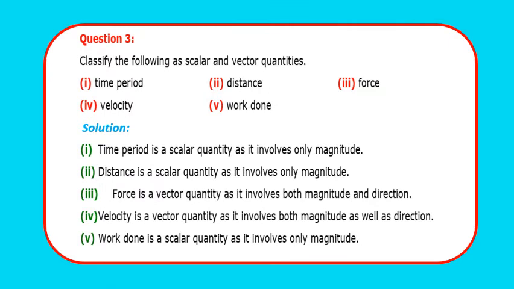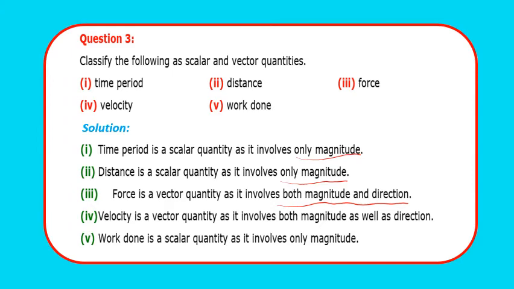Moving to question 3. Classify the following as scalar and vector quantities. The first is time period. Time period is a scalar quantity because it has only magnitude. Then we have distance, which is a scalar quantity because it has only the magnitude. Force is a vector because it involves both magnitude and direction.